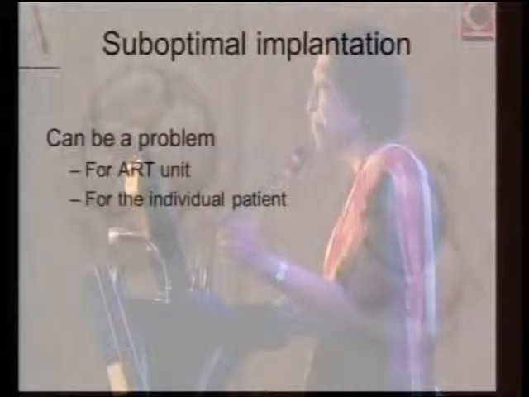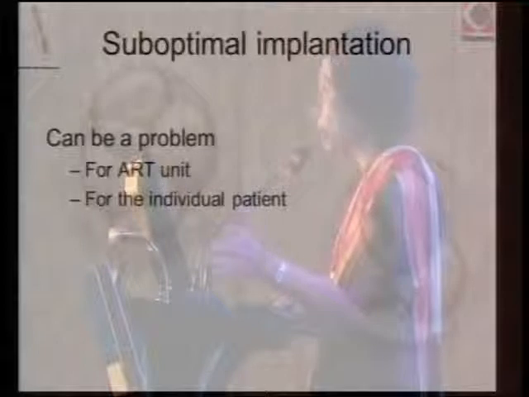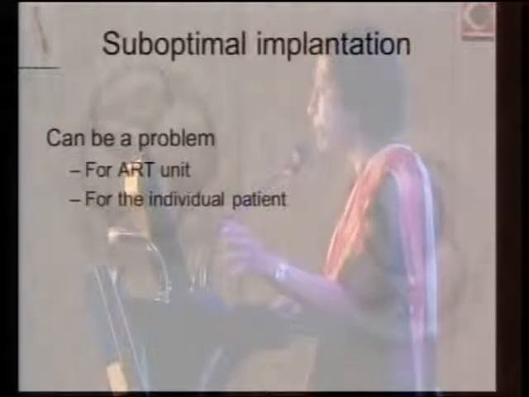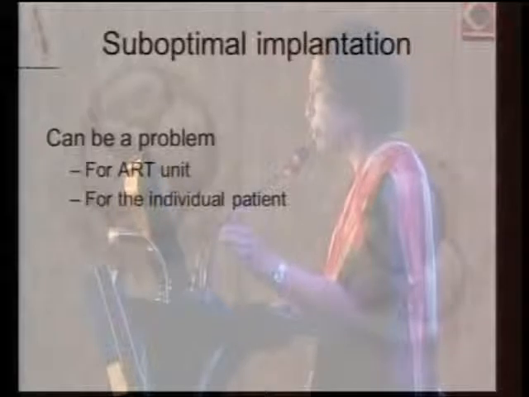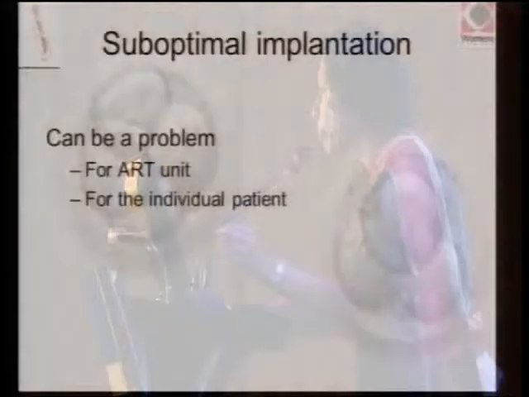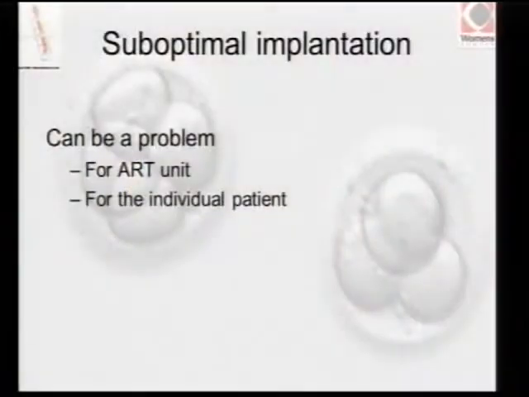There is something called an implantation rate, where you put in so many embryos and get so many viable pregnancies, and your implantation rate should be in the acceptable range. Unfortunately, a majority of units in India today do not calculate their implantation rates, but that's one way of judging whether your unit is doing well or not.